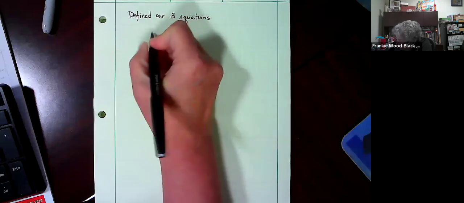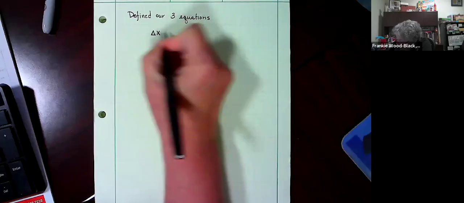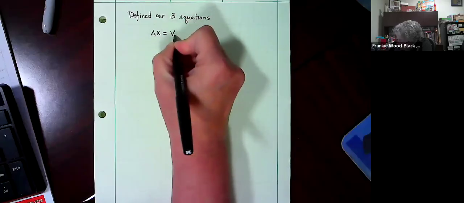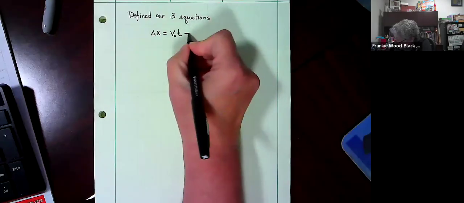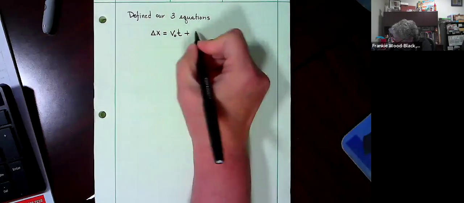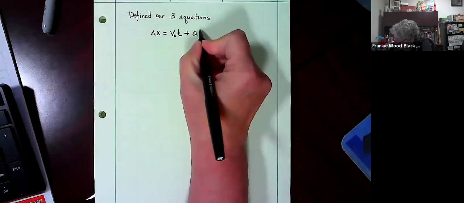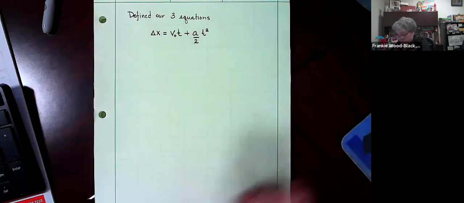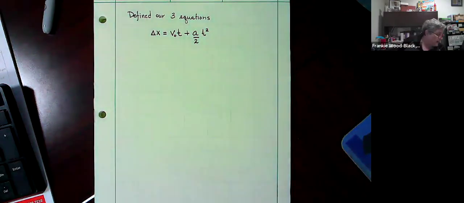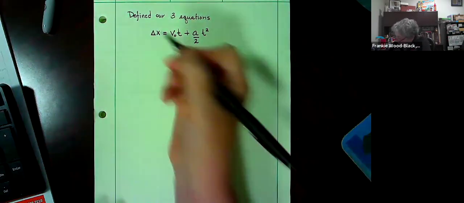And those were that my change in position was going to equal my initial velocity times time plus my acceleration divided by 2 times time squared. That was my original change in position.